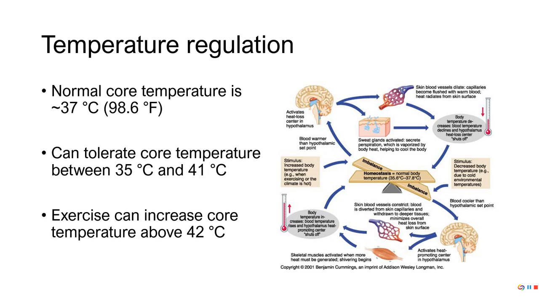The human body can survive temperatures between 35 and 41 degrees Celsius. But there are times when you exercise that your core temperature can get extremely hot, above 42 degrees Celsius. That doesn't happen very often, and as long as you're not that high for very long, you'll be fine.